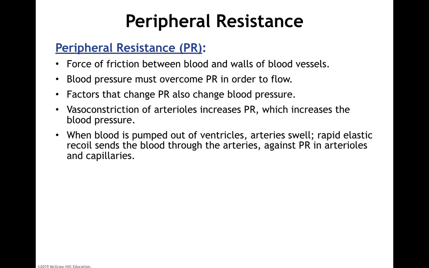Peripheral resistance is the force of friction between the blood and the blood vessel walls. Blood pressure has to overcome that peripheral resistance to move the blood. Vasoconstriction of the arterioles will increase peripheral resistance, which will in turn increase blood pressure.